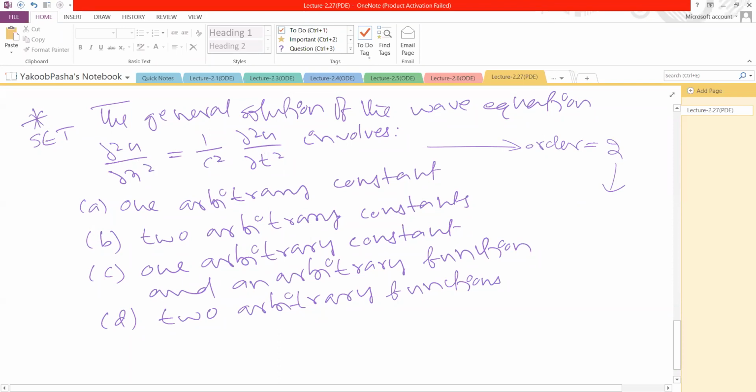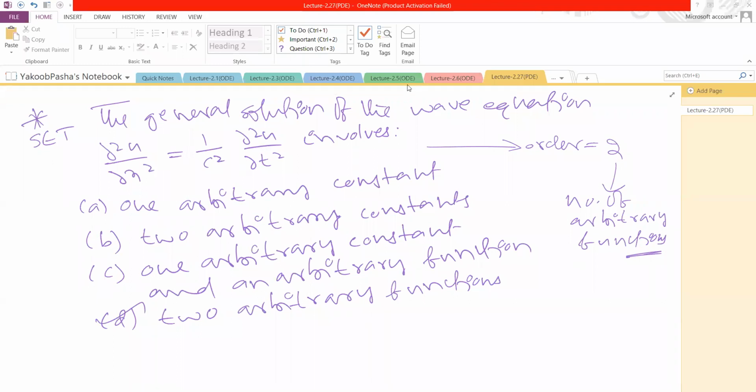So the order is equal to number of arbitrary functions. So we have two arbitrary functions. Set lo direct question, the general solution of the wave equation del square u by del x square is equal to 1 by c square into del square u by del t square involves two arbitrary functions.